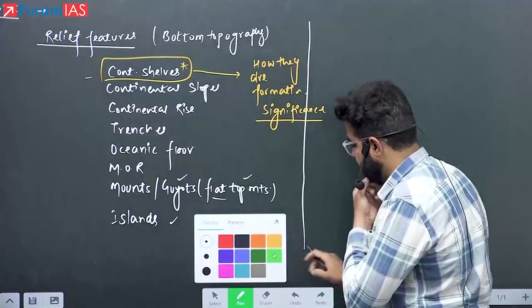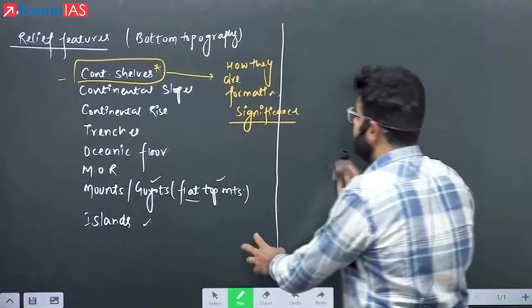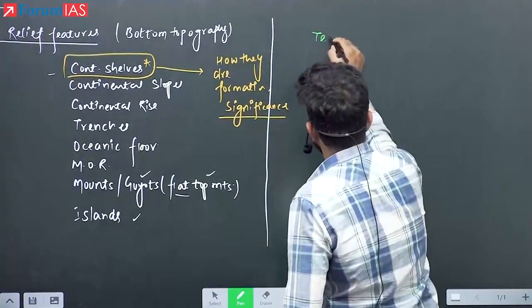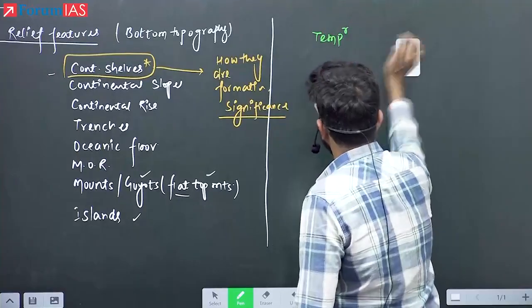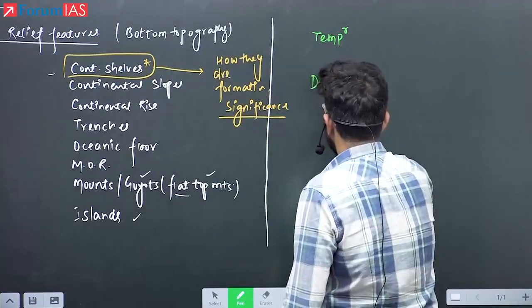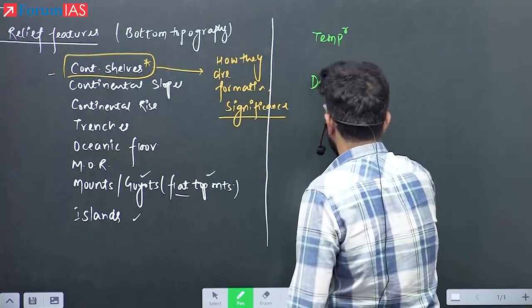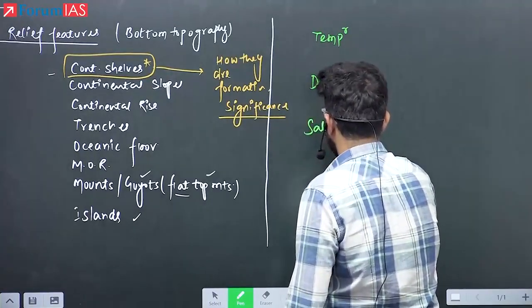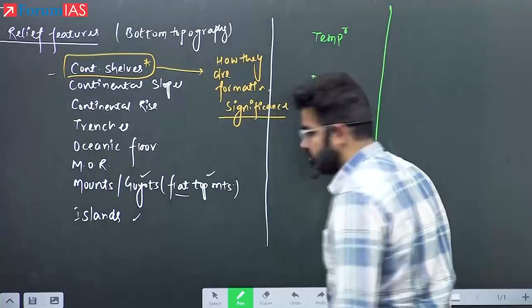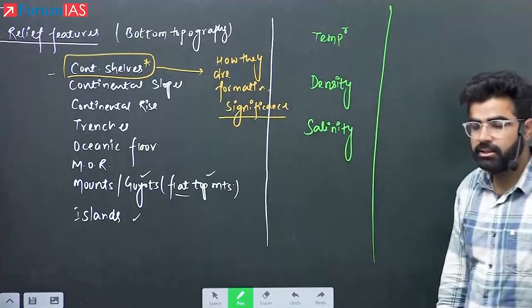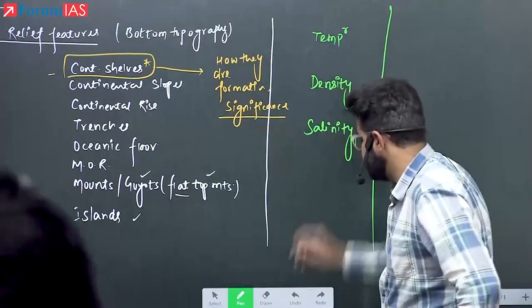The second part, in this second part of oceanography, we'll discuss these three factors. Number one, it is temperature. Second, density. And third, salinity. This is the second part. In this second part, we will discuss temperature.